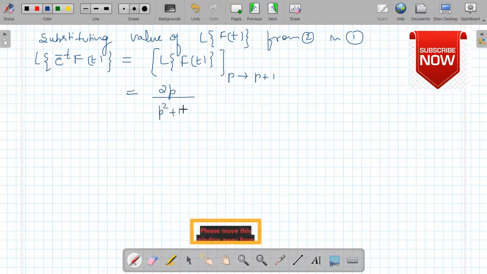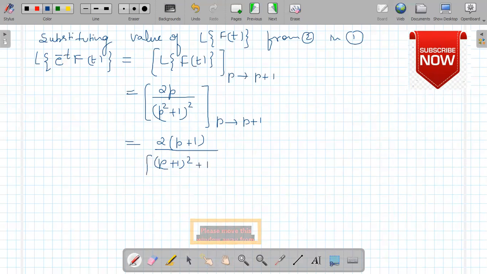P is replaced by p plus 1, so 2(p plus 1) upon ((p plus 1) whole square plus 1) whole square, which is equal to 2p plus 2 over (p square plus 2p plus 2) whole square.